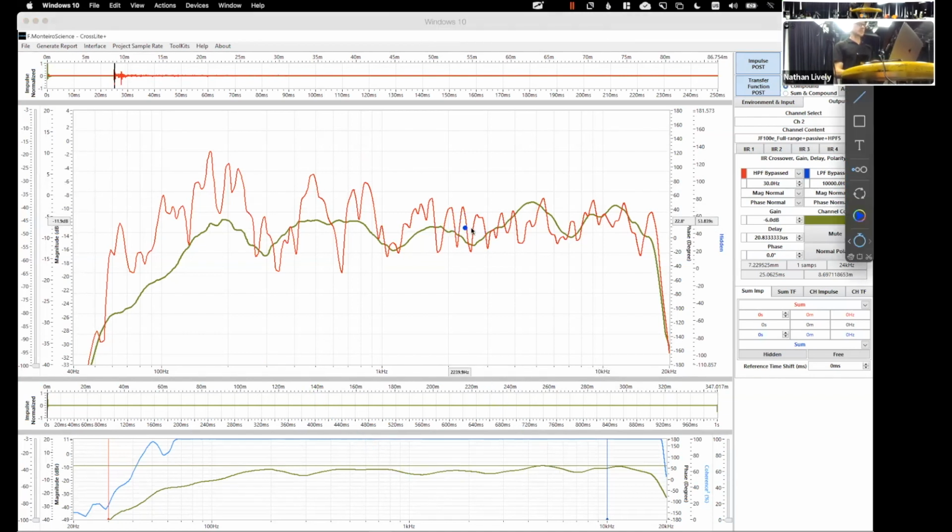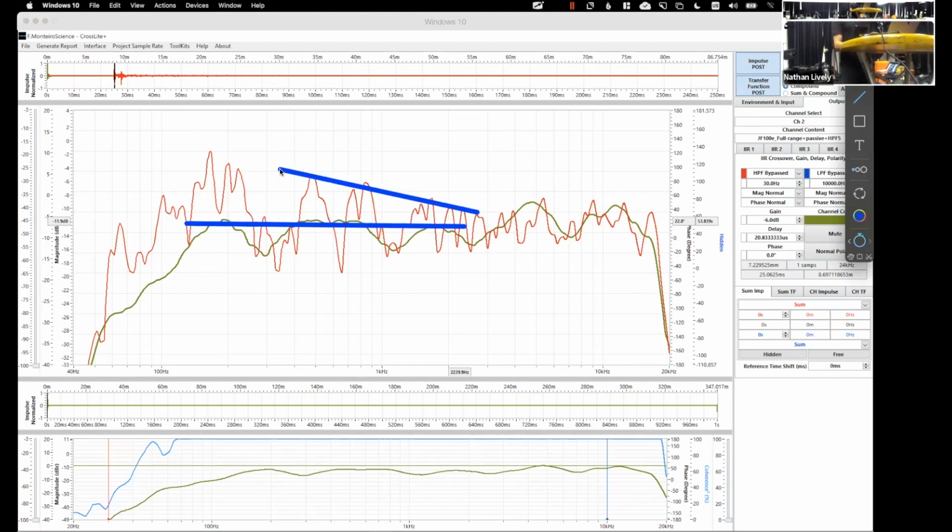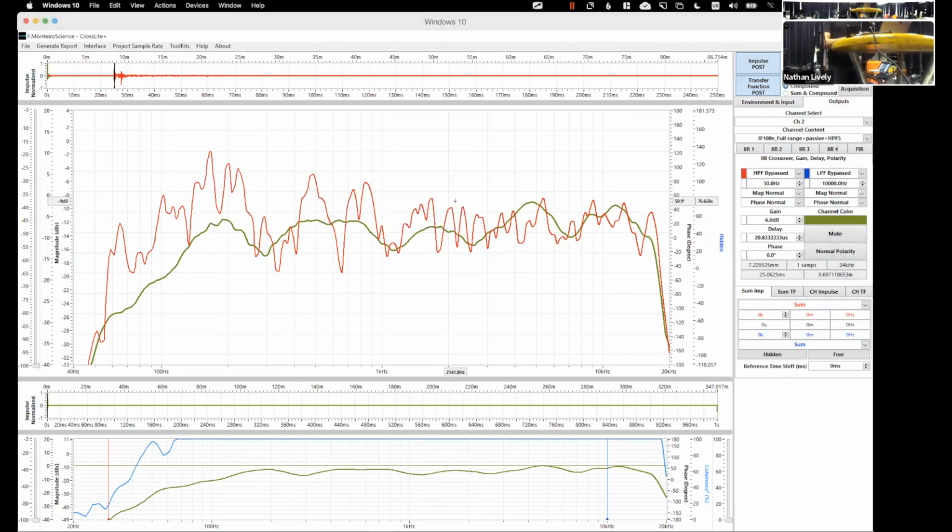Normally the speaker's response would be down like this, but because of the room interaction, it's going up like this. So maybe this is a potential for EQ. Maybe I should put a low shelf in here and bring this down a little bit. But at least it gives us some insight into what's happening between the speaker and the microphone.